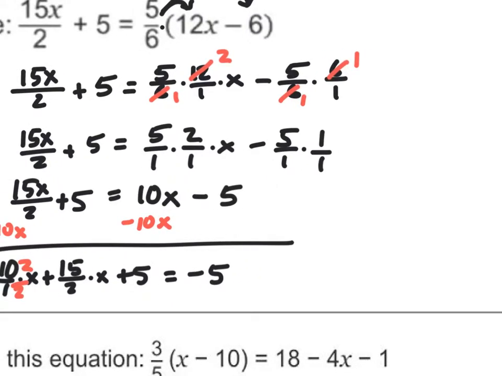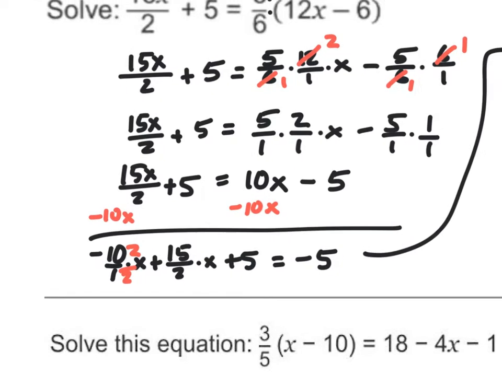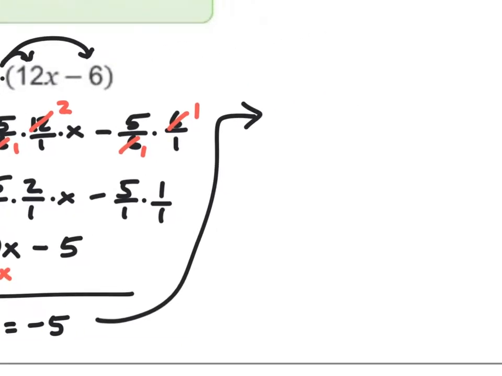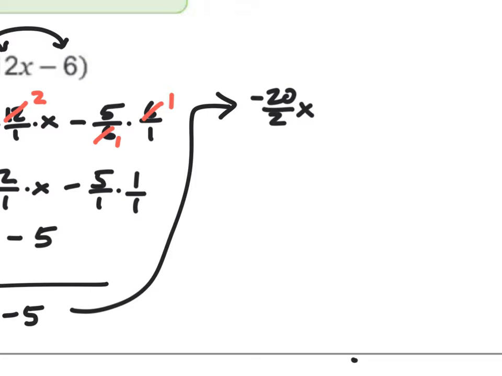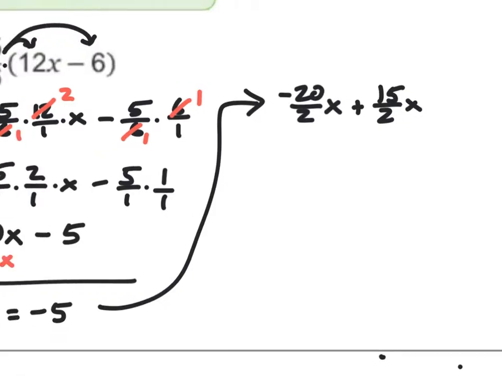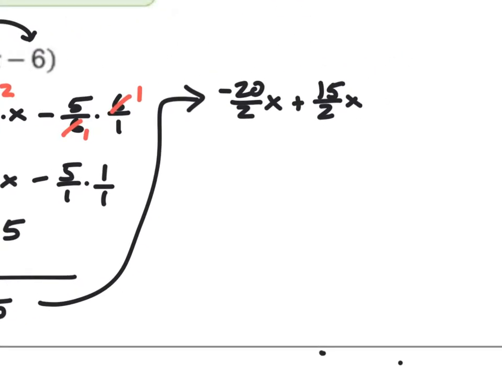Let's do this up here. That's negative 20x over 2. So I've got negative 20 over 2 times x, and then plus 15 over 2 times x. And then we've got a plus 5.